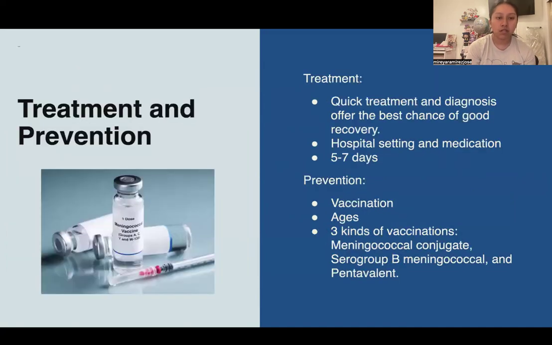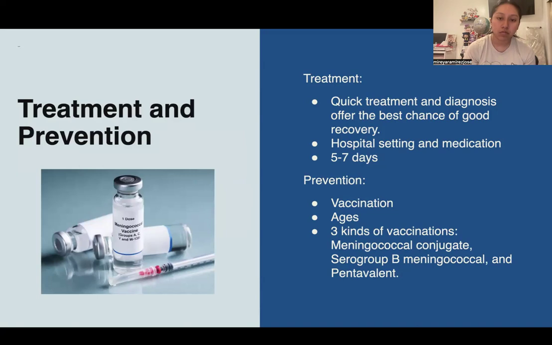So, treatment and prevention. If you or someone you're close with might have meningitis, quick treatment and diagnosis is the best chance of good recovery. Whoever needs treatment has to be treated in a hospital setting and receive medication.